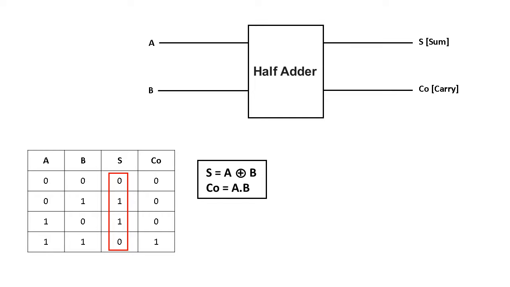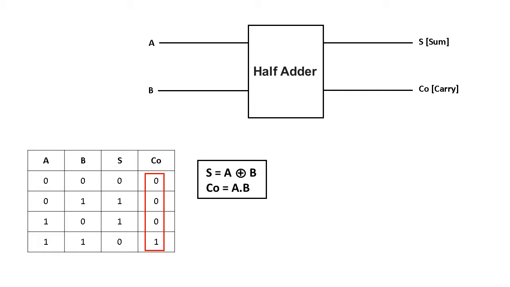So let us now talk about the carry bit. You can observe the carry, that is 0001. So you can see what the carry will be. 0 into 0, the carry will be 0. 0 into 1, the carry is 0. 1 into 0, the carry is 0. 1 into 1, the carry will be 1.